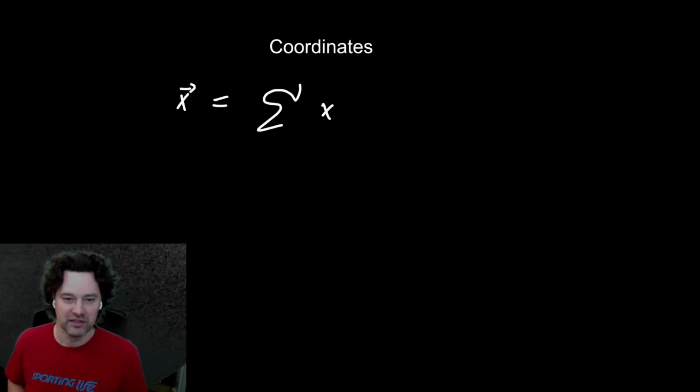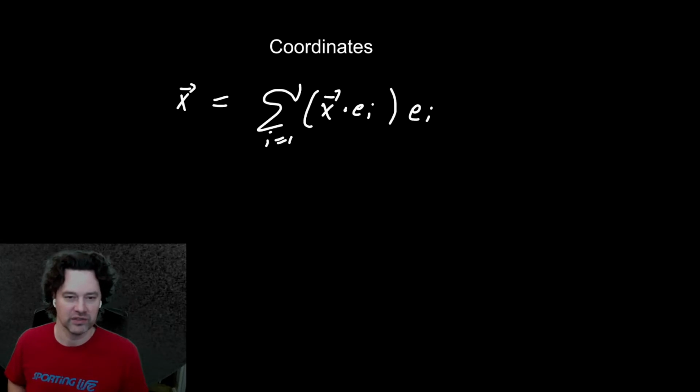So one question is why do we want these? Because they answer the question of how we compute coordinates. We know how to compute coordinates of a vector with respect to a standard basis. So suppose we have x. We can decompose x into the sum of x dotted with the orthonormal basis vector e_i times e_i, and we sum over all i equals 1 to n.